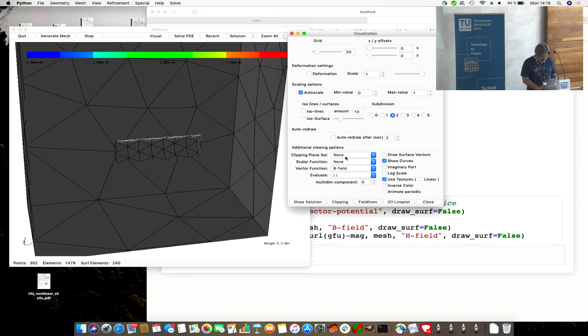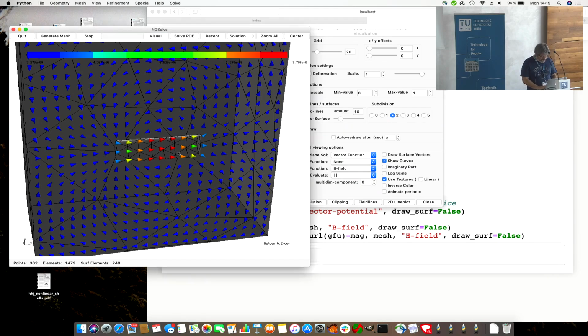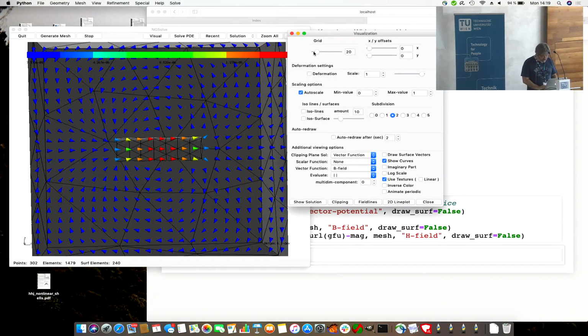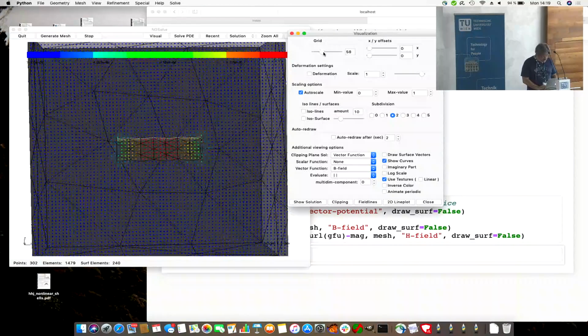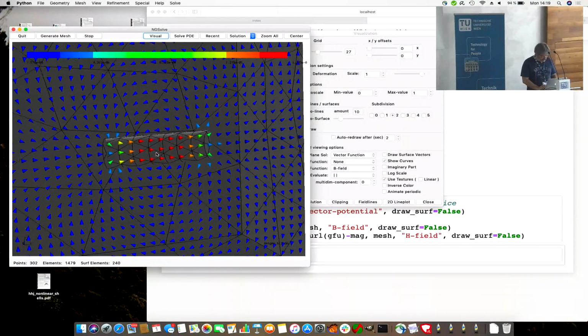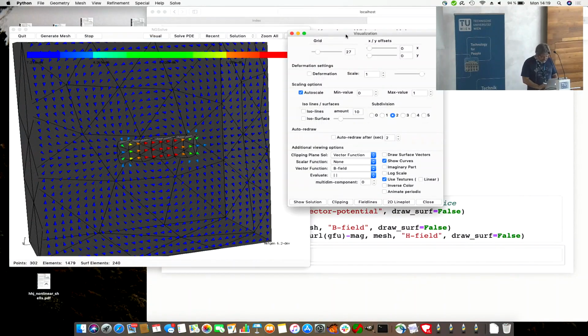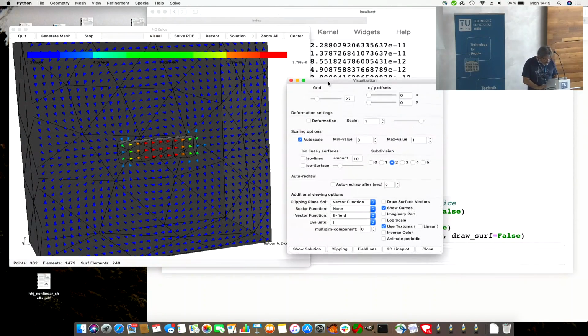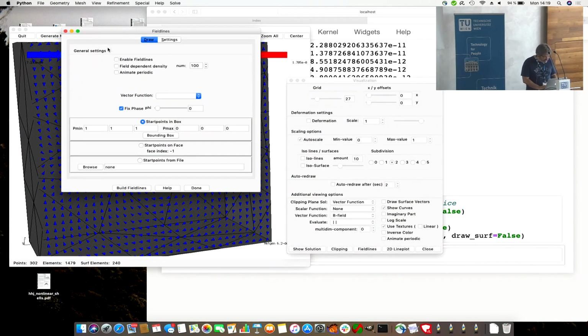I can draw a vector function in the clipping plane, so I get these small arrows. Can make more of them. Okay, that's fine. Or we can click on field lines.